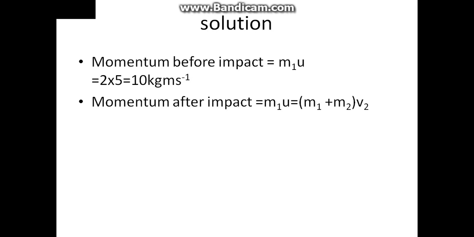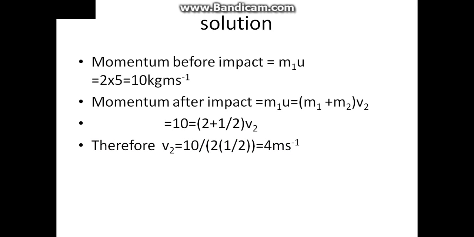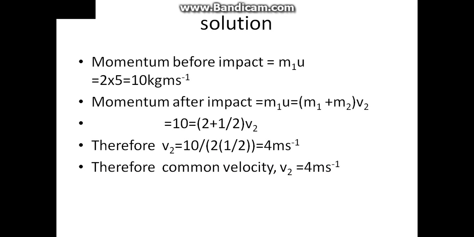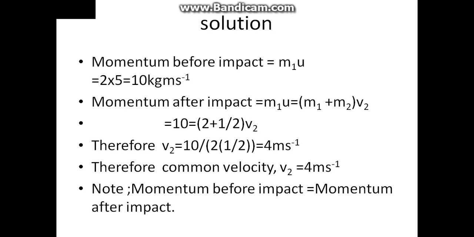Momentum after impact is equal to (m1 plus m2) v2, which gives us 10 equals (2 plus 1/2) v2. Therefore, v2 is equal to 10 over (2 plus 1/2), to give us 4 meters per second. Therefore, the common velocity v2 is equal to 4 meters per second. Note, momentum before impact is equal to momentum after impact.